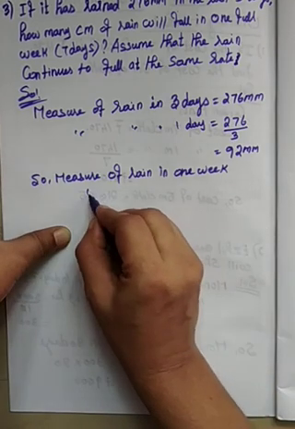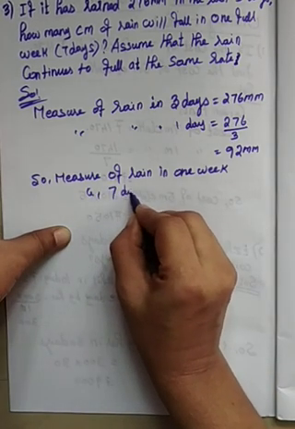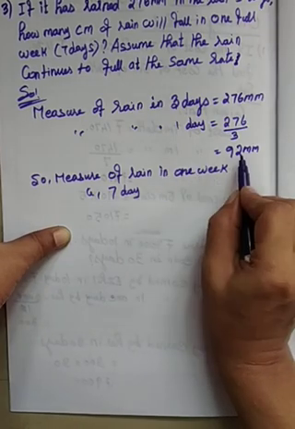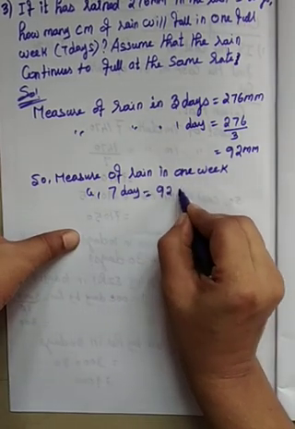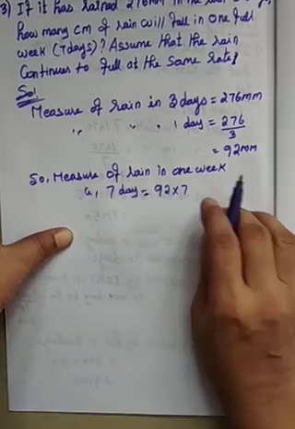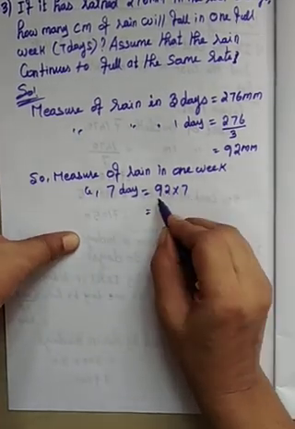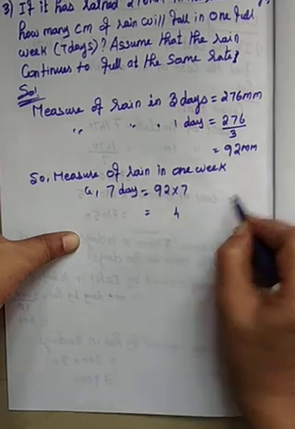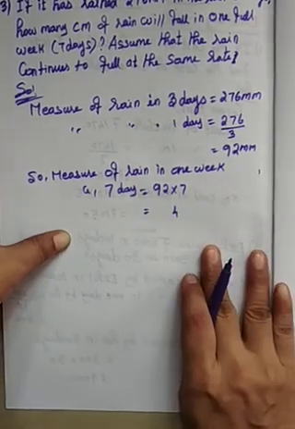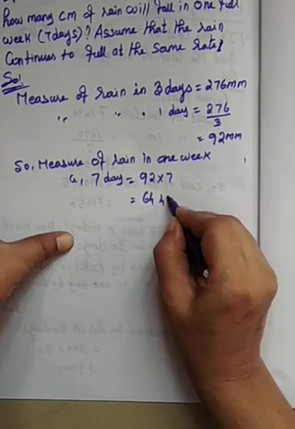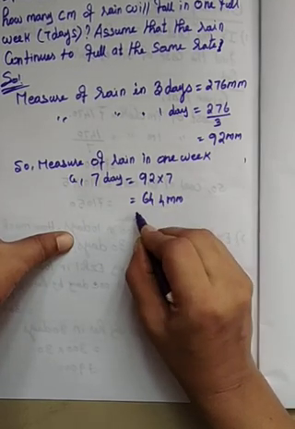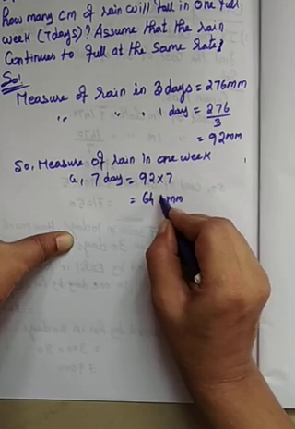That is 7 days, right? So 1 day 92 millimeter. So what is the 7 days? See here, 92 into 7. Okay, simplifying, what will you get? 7 2s are 14, remainder 1, 9 7s are 63, 63 plus 1, 64. So your answer is 644 millimeter, right?